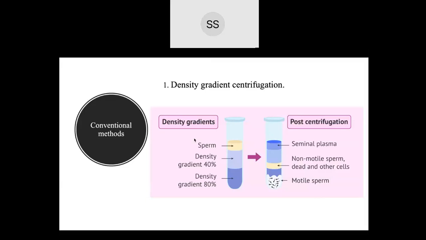The current methods used for sperm isolation: the first one is density gradient centrifugation, where the sperm cells are placed on the top and then centrifuged for some time, and the motile sperm settle down at the bottom.